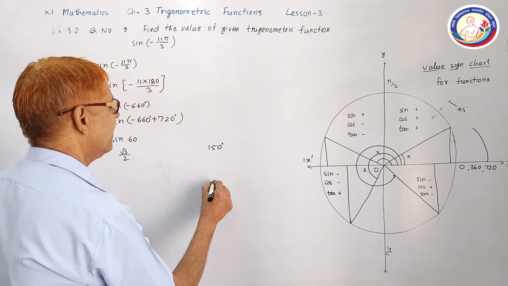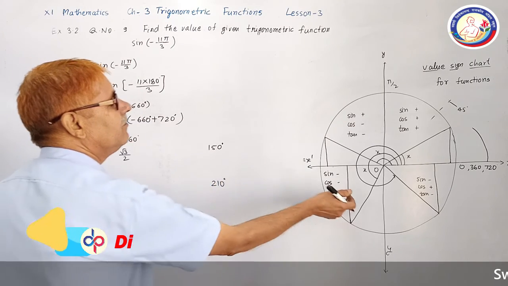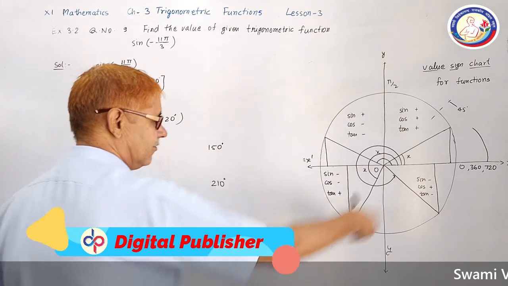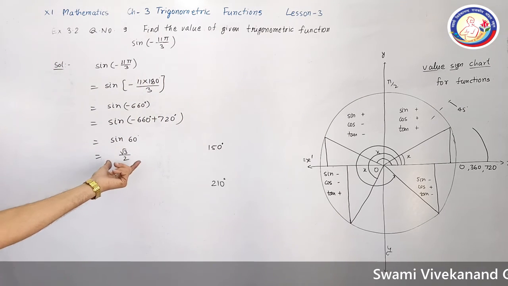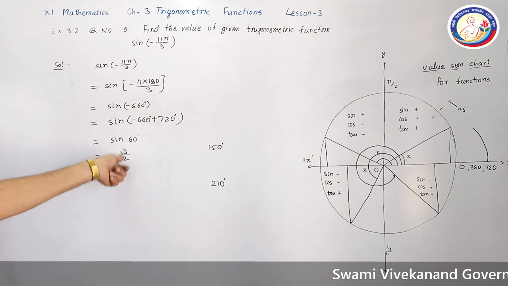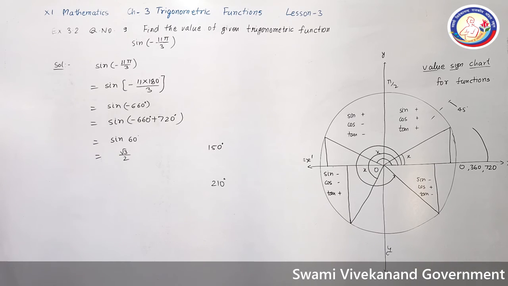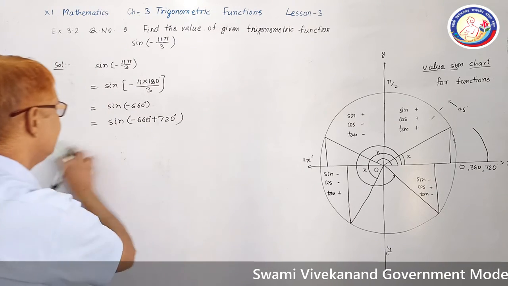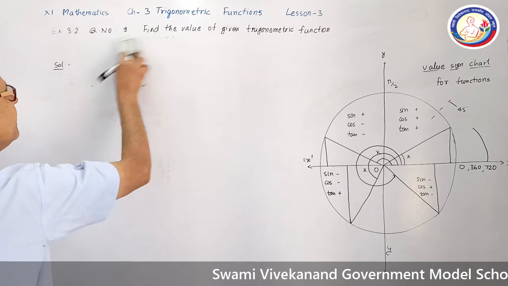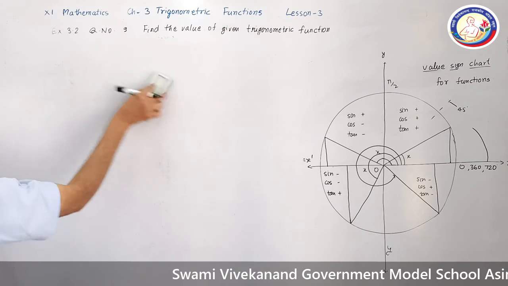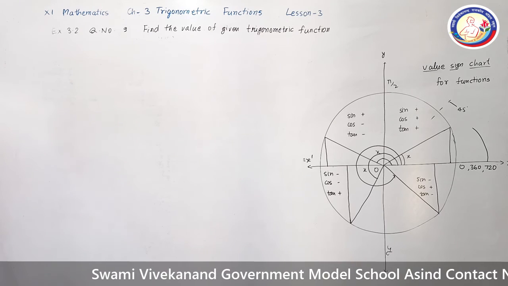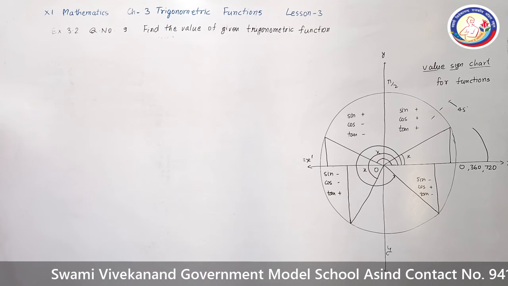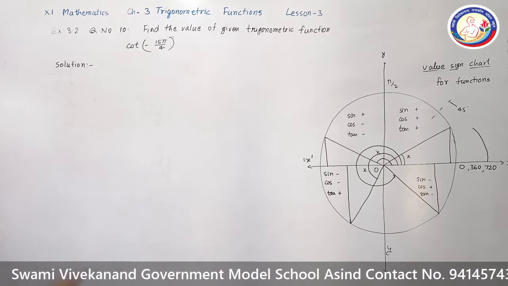Say it is 210 degrees, then it will be in third quadrant, and you can decide the quadrant and then determine the sign of the given function. I am taking one more example to explain it further, because it looks complicated. It is very easy but looks complicated. Now I am taking another example.